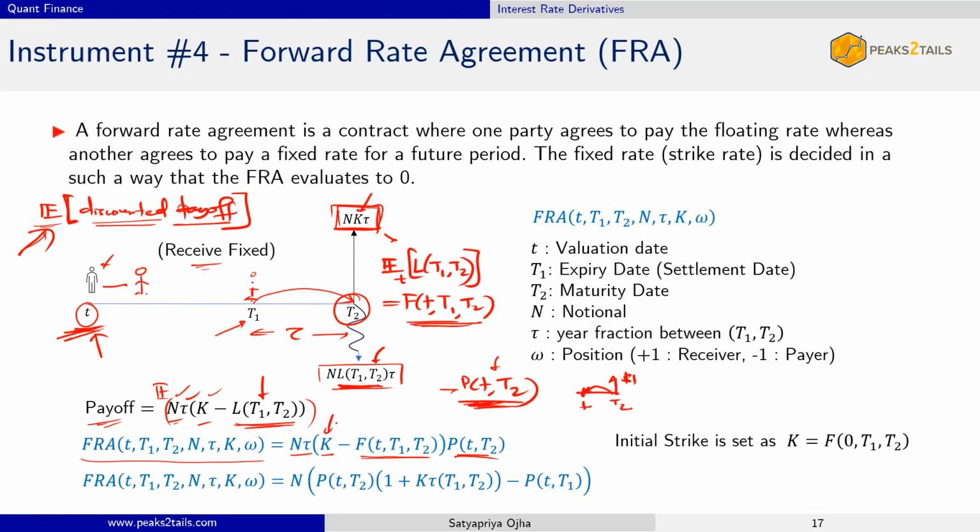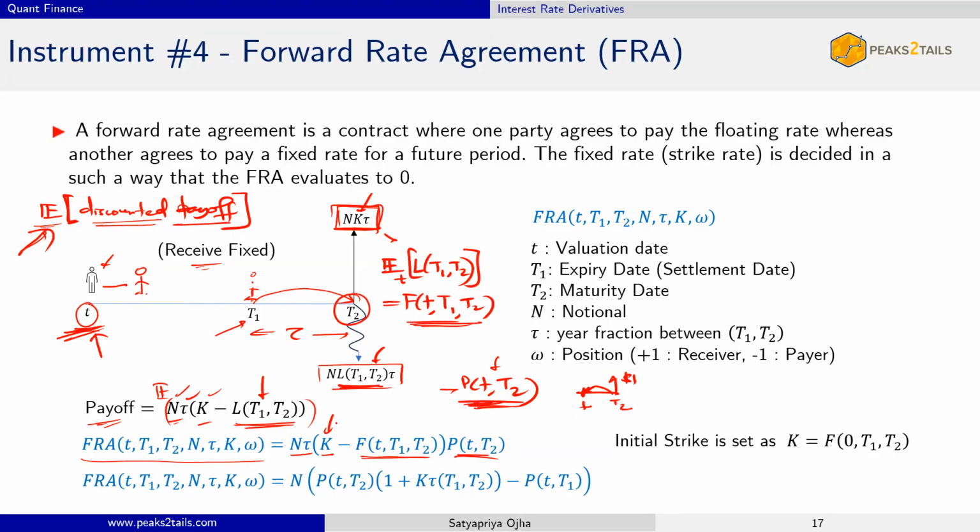How do you arrive at K? Well, you fix a K such that the value of the FRA at inception is zero. At the beginning, why would you want a value for the FRA? Somebody would have to pay that value. Why not fix K such that initially it costs nothing to enter into an FRA?